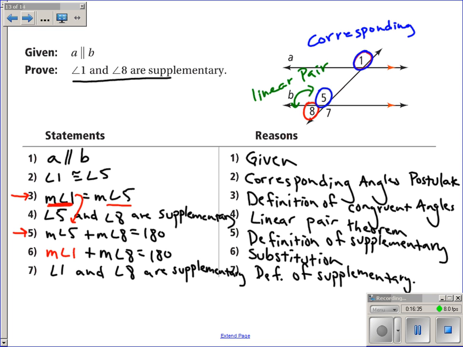So here's the proof. I know it's a little more complicated, but before you start each proof, think about why it should be true. When you're proving things to be supplementary, you may need to use some algebra, some substitution. That's a really handy tool that we have. I hope this proof made sense.